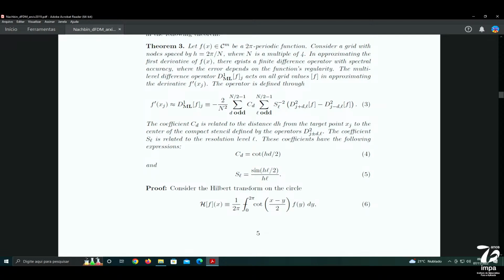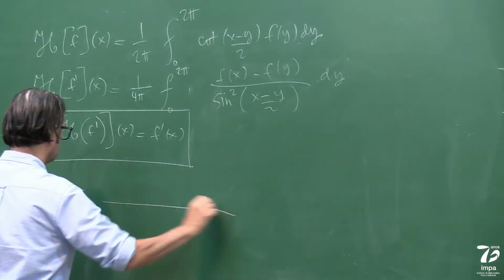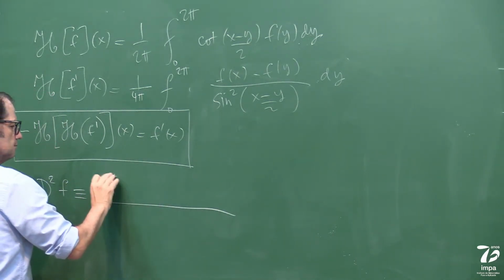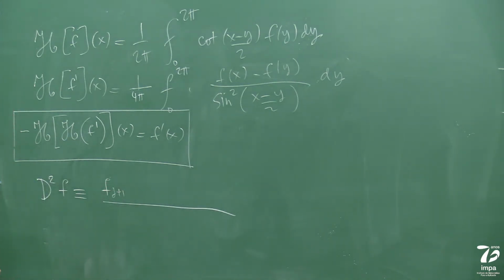So let me actually also put my notation here. So d squared of f is this. Is f j plus 1. Let's see which way I'm using.